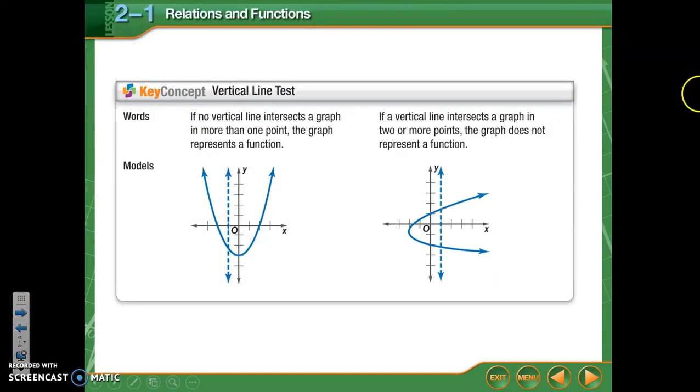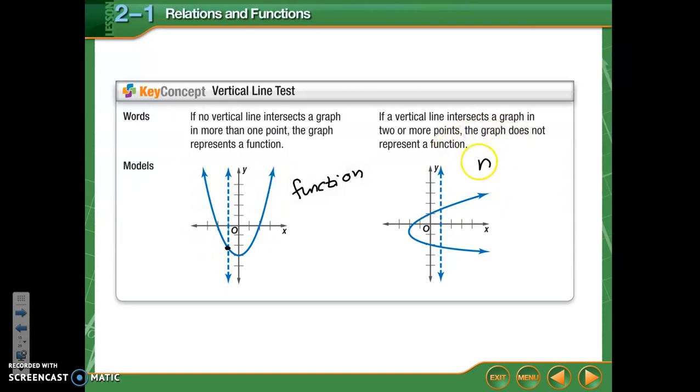Okay, we have another way to test if something is a function. If we're looking at a graph, it can be hard to list off maybe every possible x or every possible y. So we have something called the vertical line test. This first picture represents something that is a function. In a function, if I draw a vertical line anywhere, it's only going to cross my graph once.